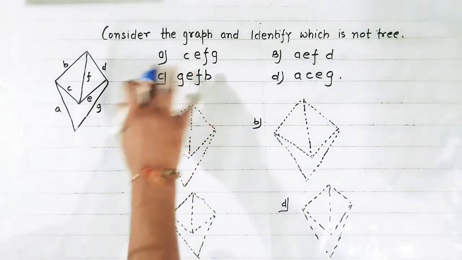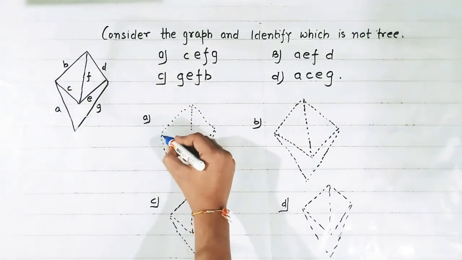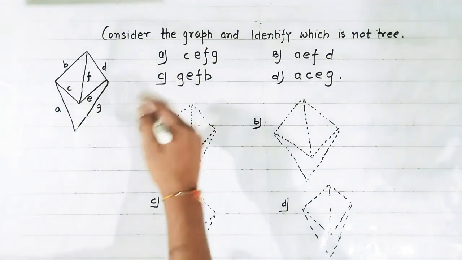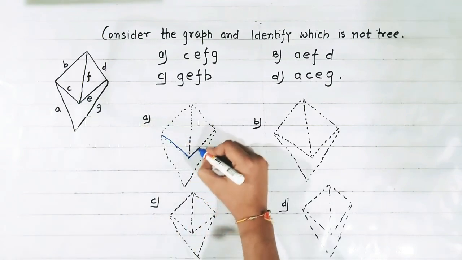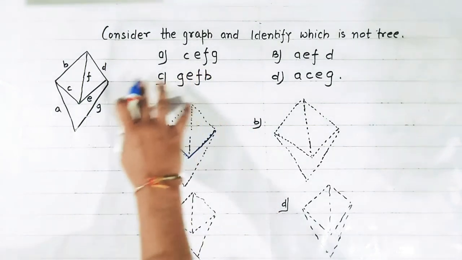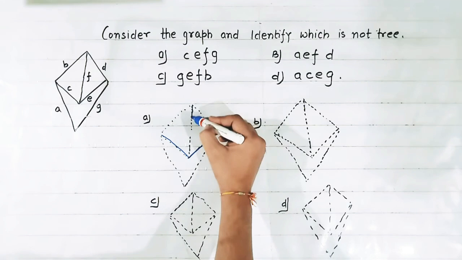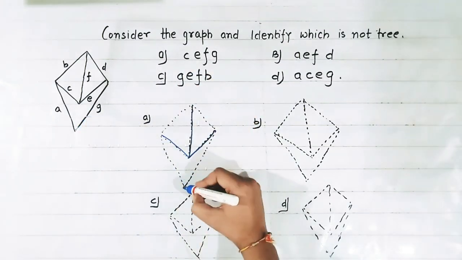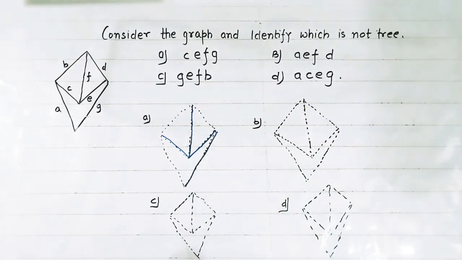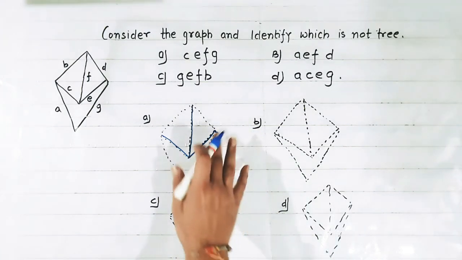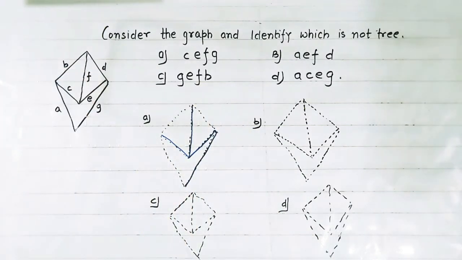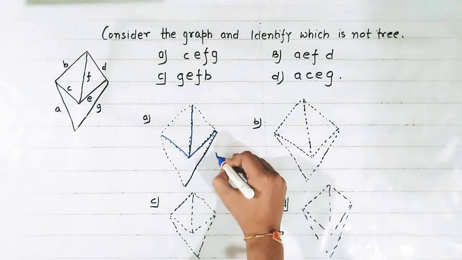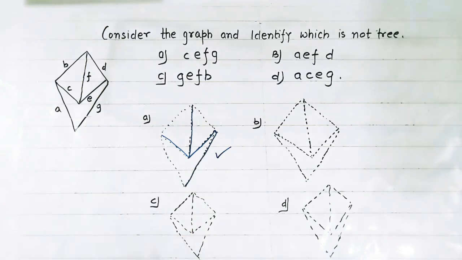So C is this branch, this is E, this is F, and this is G. So this contains all the nodes of the graph and it has no closed loop. So it is a valid tree of this graph.